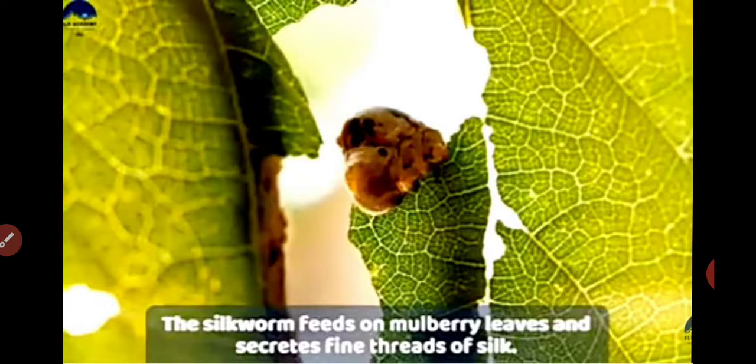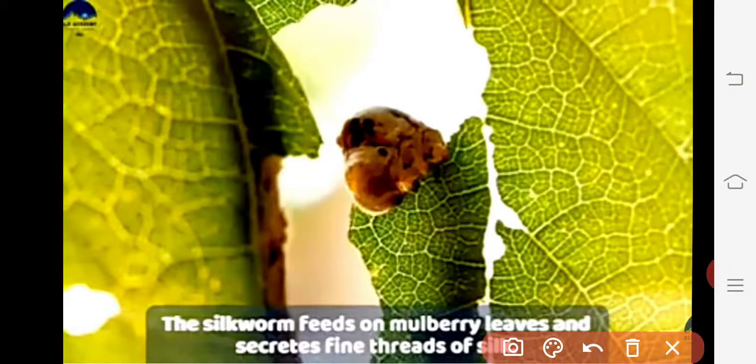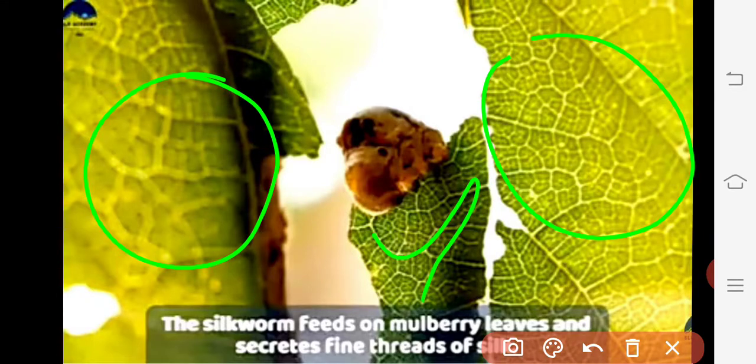First of all, what does that silkworm come from, or how do they feed themselves? So here the silkworm feeds on mulberry leaves and secretes fine threads of silk. Here, in that picture I'm showing you, these are the leaves. But which leaves are they? They are mulberry leaves. Okay, and while eating them they secrete fine threads of silk.